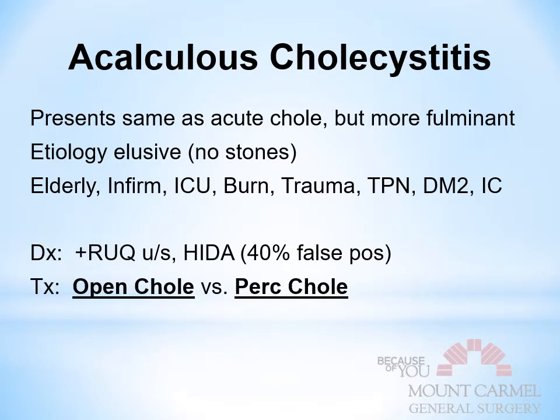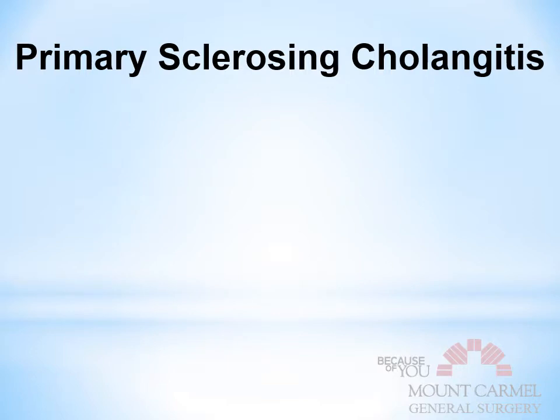You can get a right upper quadrant ultrasound or a HIDA. The HIDA does have a significant false positive rate, though, in this particular condition. Not normally, but in acalculous cholecystitis, it does. Treatment is an open chole versus a perc chole. Most people don't do laparoscopic cholecystectomy because these patients are too ill to begin with, which is why they got into this situation to begin with.